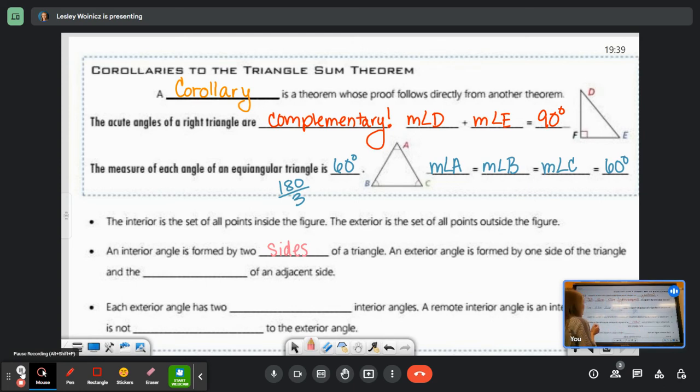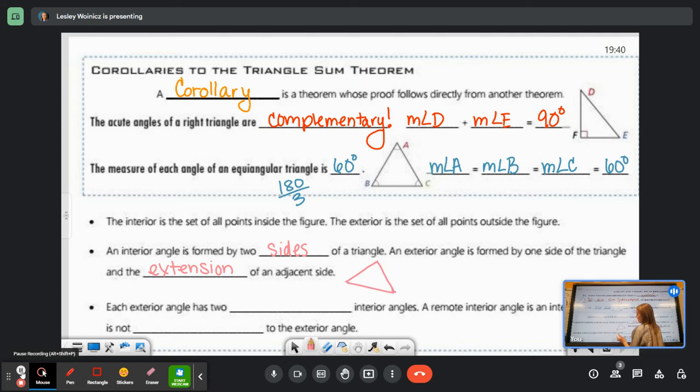An exterior angle is formed by one side of the triangle and the extension of an adjacent side. What that looks like is, let's say I have this triangle.